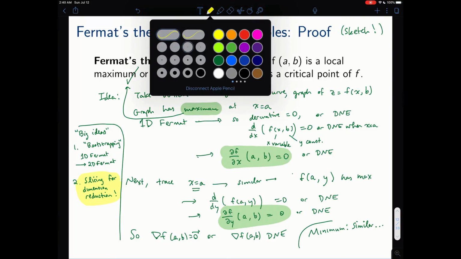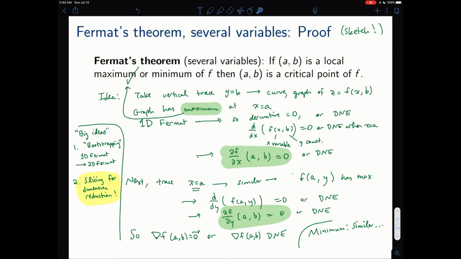We have the graph of this function f of x, y, and it's a two-dimensional surface, but if we slice it with that vertical plane, that cuts it down to a one-dimensional curve. So we've reduced from 2 dimensions down to 1.